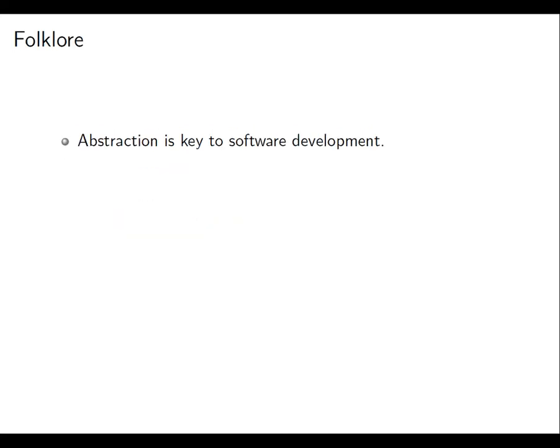But of course I had a lot of opinions about teaching and learning about abstraction, having done stuff that involves it for several decades now. And so here's a bunch of stuff that I knew before I started. I knew that abstraction is key to software development. And I knew that we have to make a careful distinction between using abstractions that are given to students and creating their own abstractions, because using abstractions is relatively easy and creating abstractions is harder.